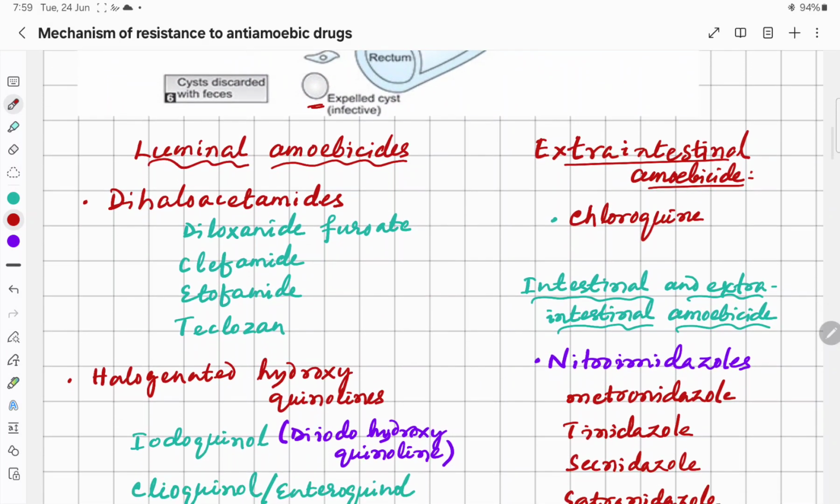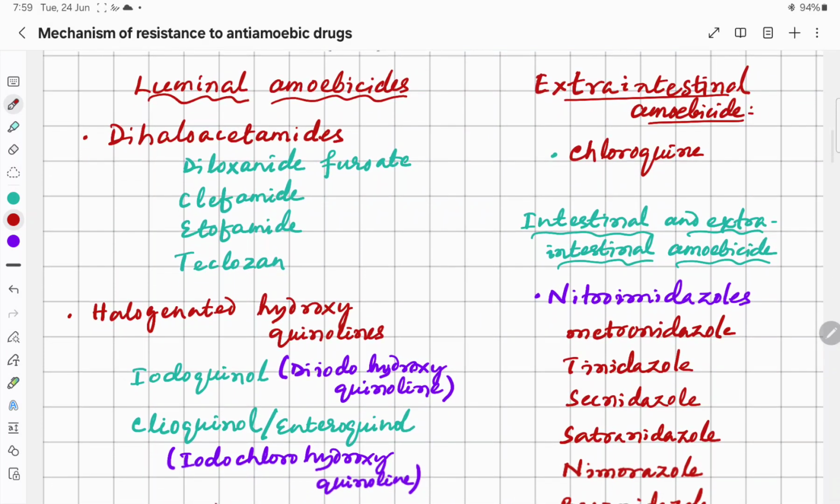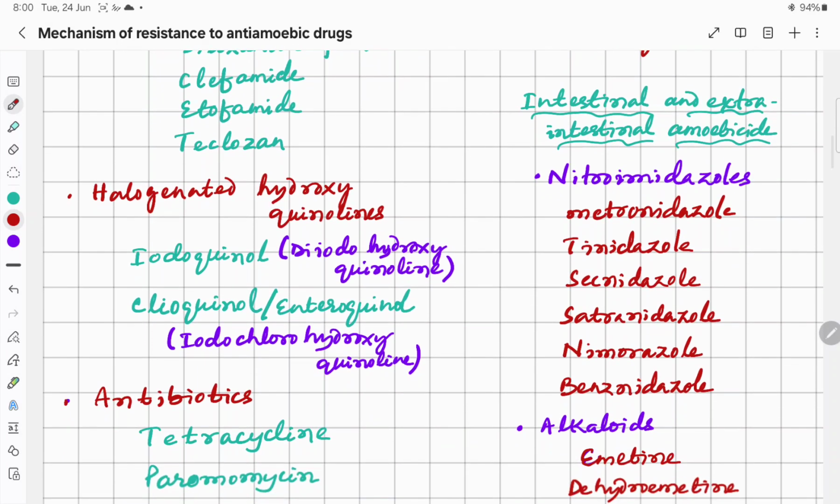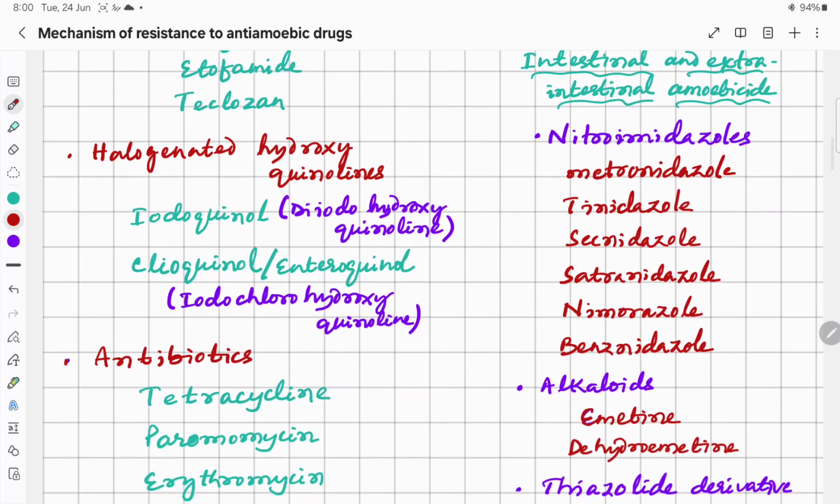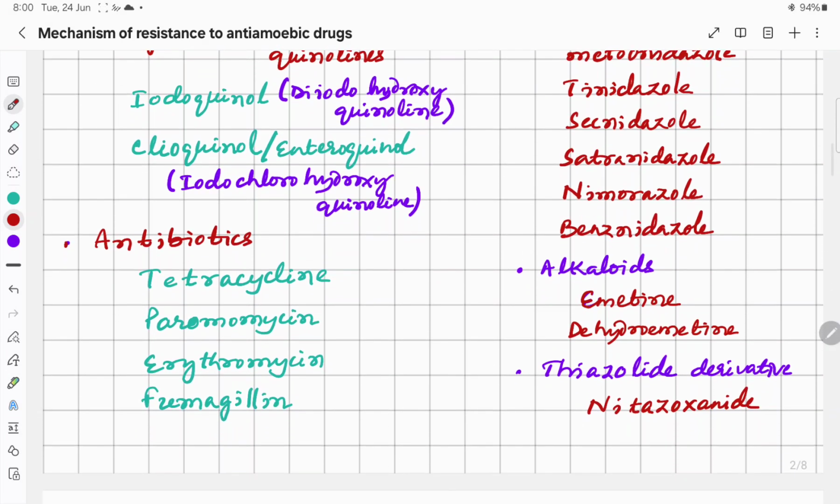Accordingly, we can have two types of drugs: luminal or intestinal amoebicides, which include the dihaloacetamides like diloxanide furoate, clefamide, itofamide, teclosan, and the halogenated hydroxyquinolines, diiodohydroxyquinoline, that is iodoquinol, iodochlorohydroxyquinoline, that is clioquinol, enteroquinol, and antibiotics like tetracycline, paromomycin, erythromycin, fumagillin.